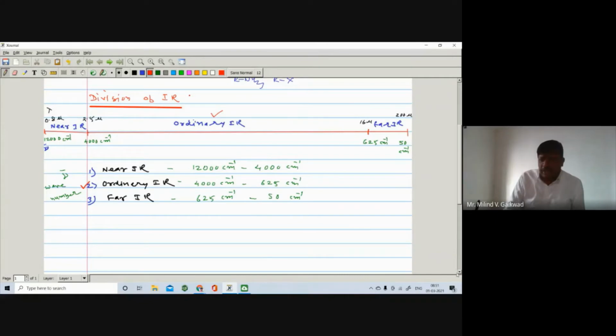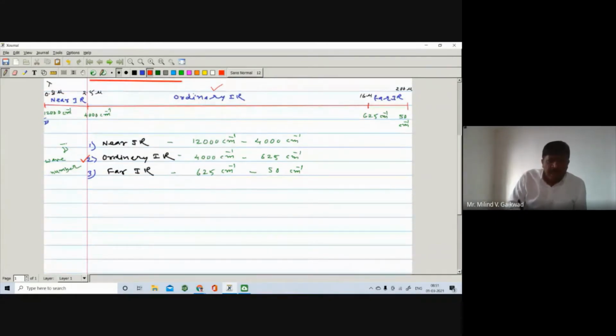Again, the ordinary IR is divided into three parts: the functional group region, the fingerprint region, and the aromatic region.